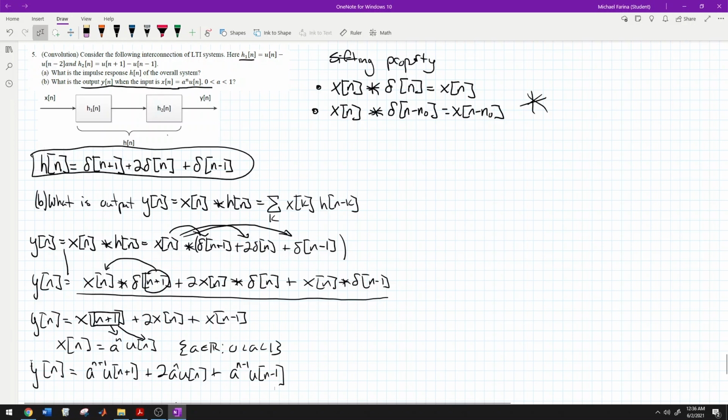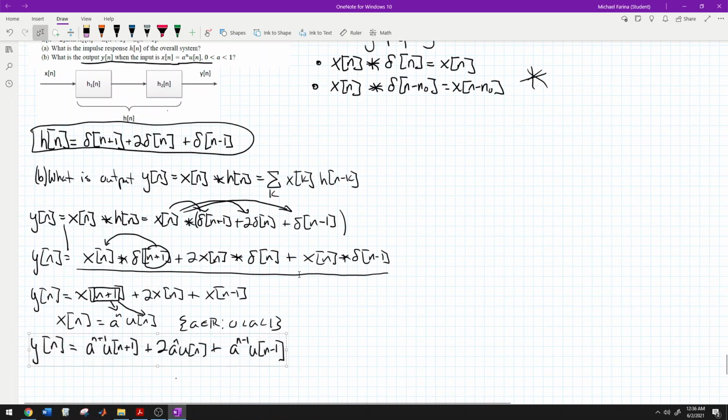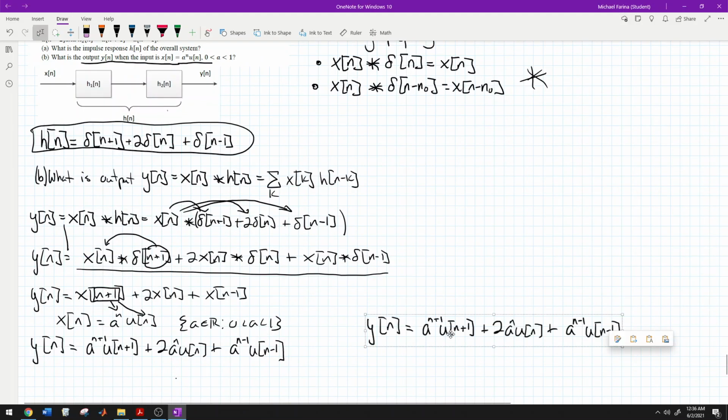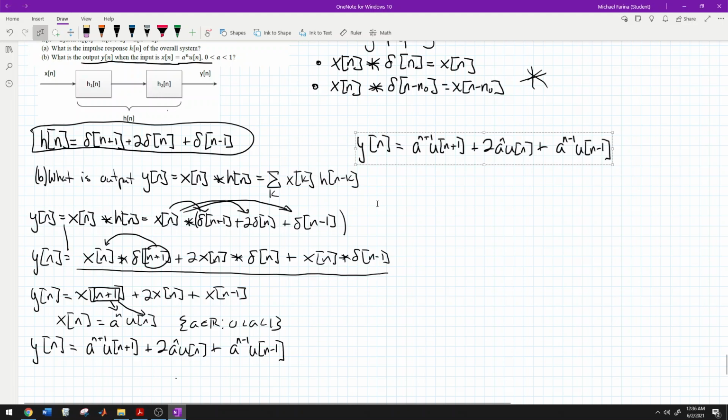And that is one way to write the solution. Now, I'm pretty sure Dr. Wang had it written differently in her PDF, so let's take a closer look at this real quick. Now we're in discrete time, so n is an integer, in the set of integers.